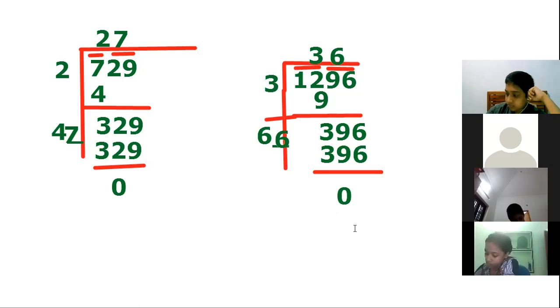Which is the method used here? It is the division method. Before this, we found the square root using repeated subtraction, and another one, finding the square root through prime factorization. So we have learned 3 methods for finding the square root. First was repeated subtraction, then the prime factorization method, and this is the division method. Which one is simple?